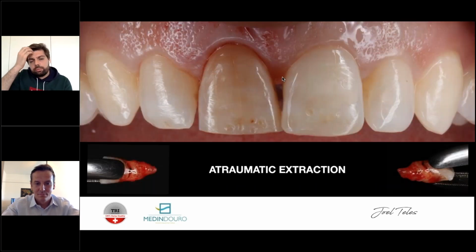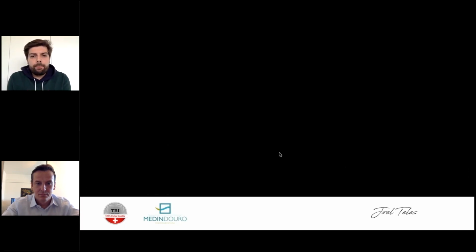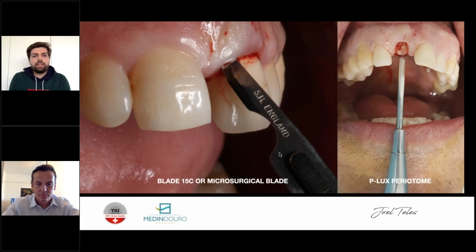and plan a very careful approach to a case like this. So you perform an atraumatic extraction like always, and you can see here the first tip, these lines drawn there. We'll discuss them in a little bit. An atraumatic extraction is no different than the other sites that you have.